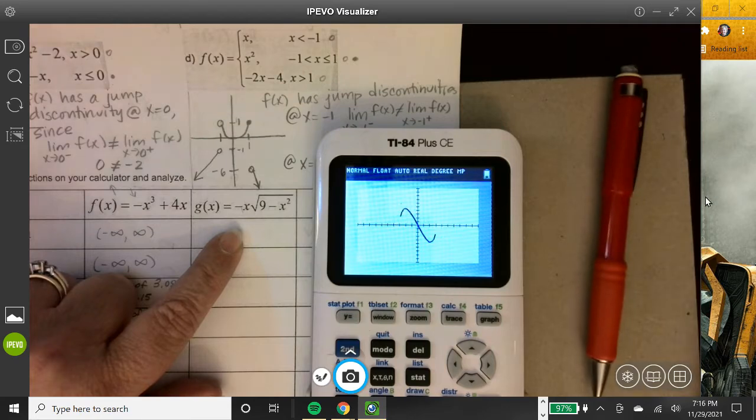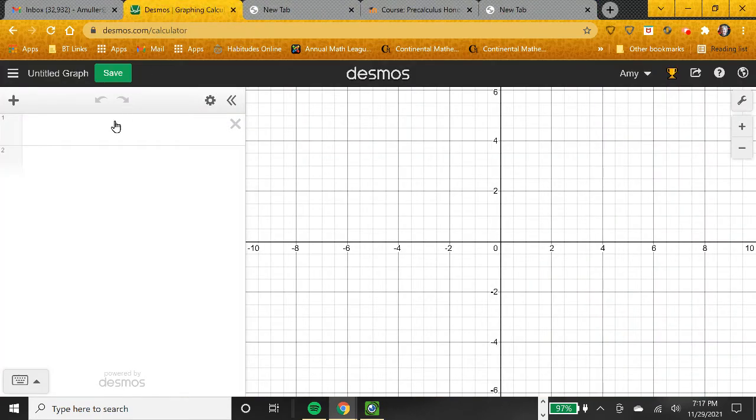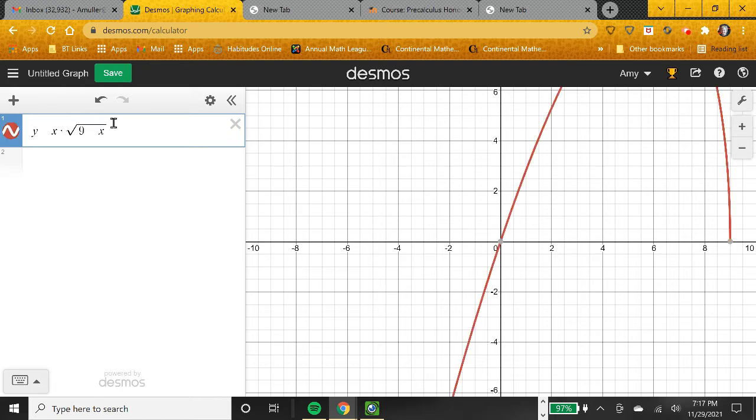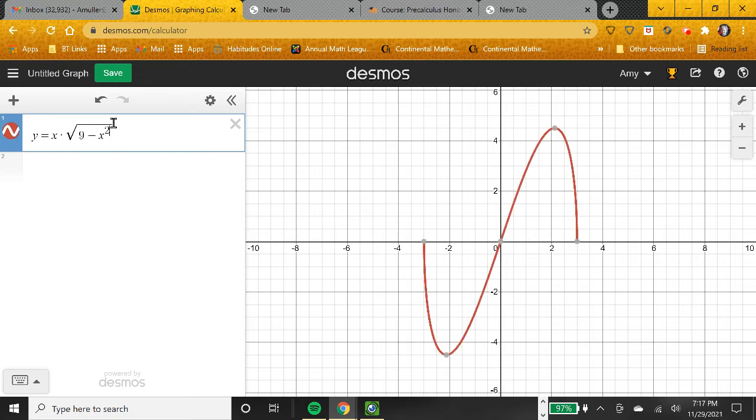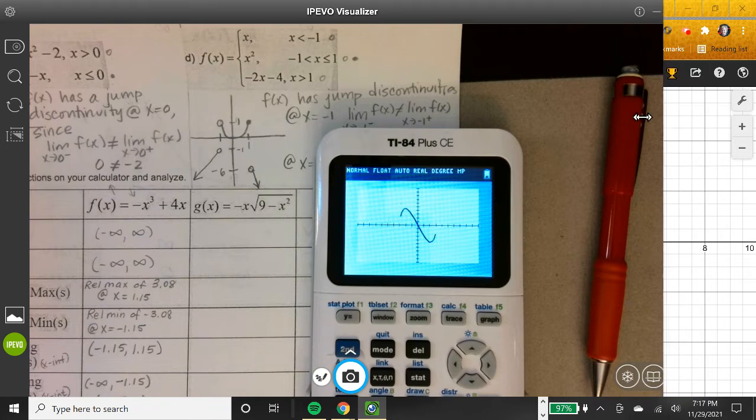But I'm going to graph this on Desmos for you really quickly because I happen to have that window open. So we're going to say y equals x times the square root of 9 minus x squared. Now, I want you to notice the difference in this picture and the one on our calculator here.